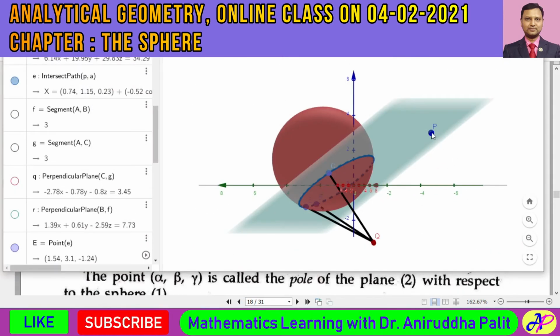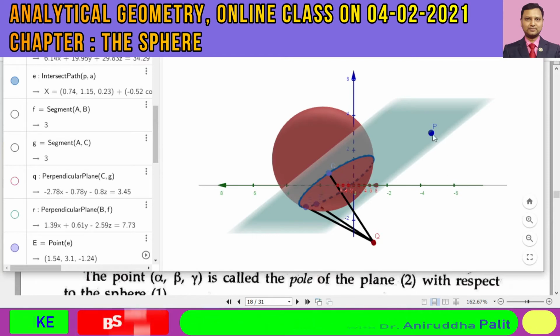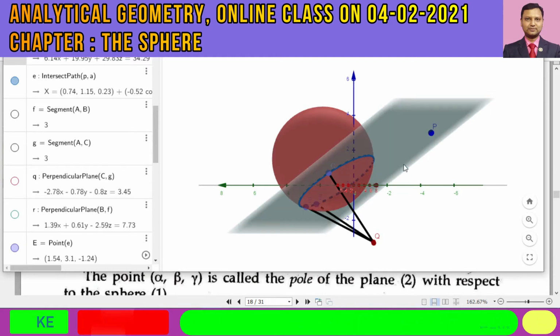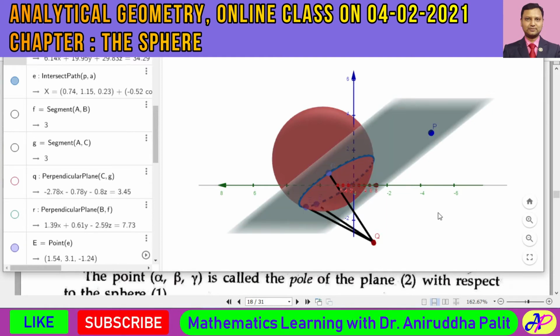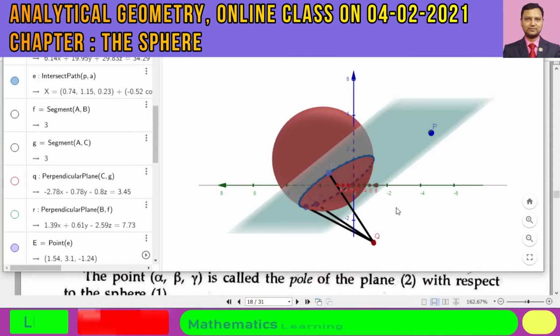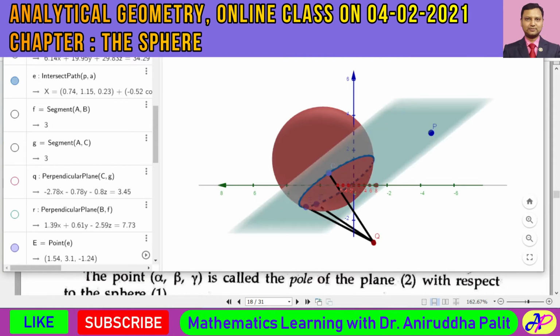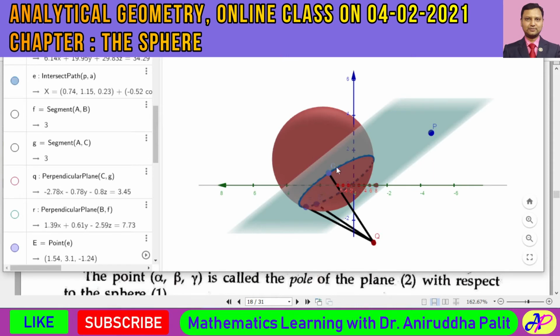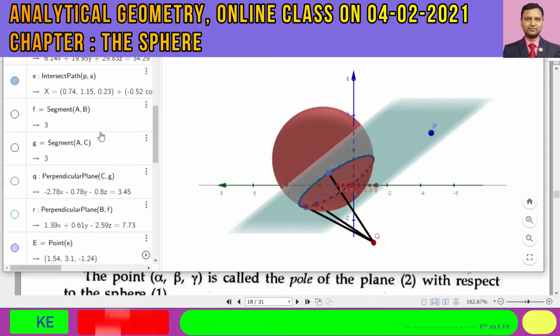You see, we have taken a point Q, and through this point Q we have taken a plane, any arbitrary plane. This is the section of the surface by the plane, and this plane passes through the point P. So this kind of small circle will be the section of the plane.